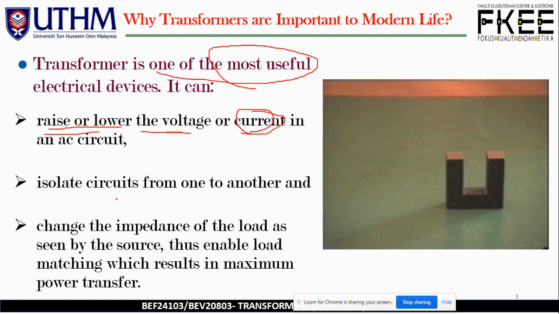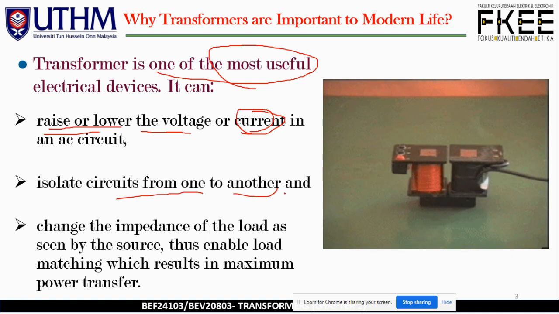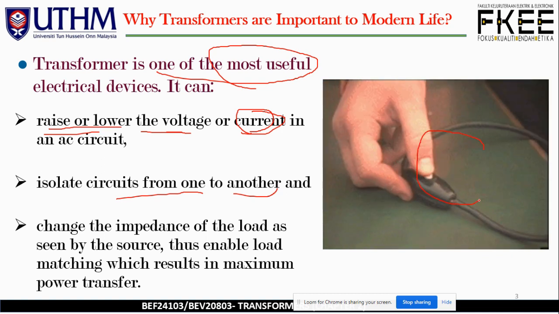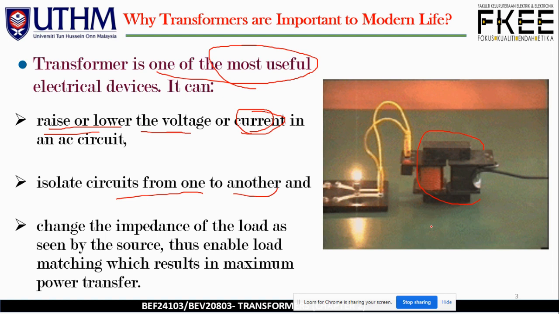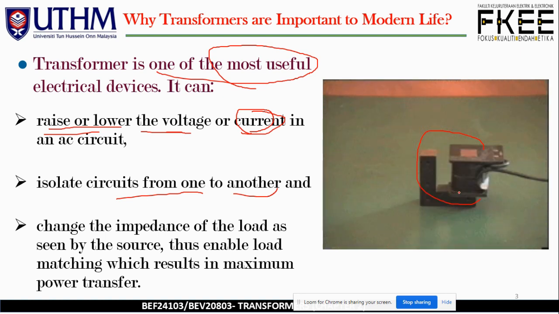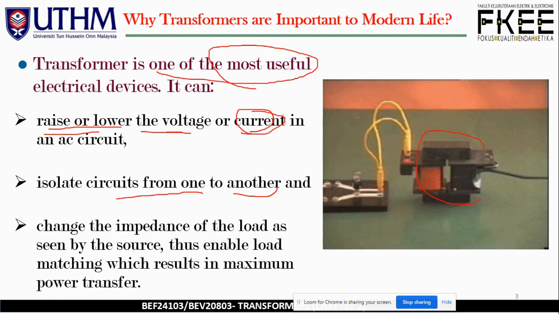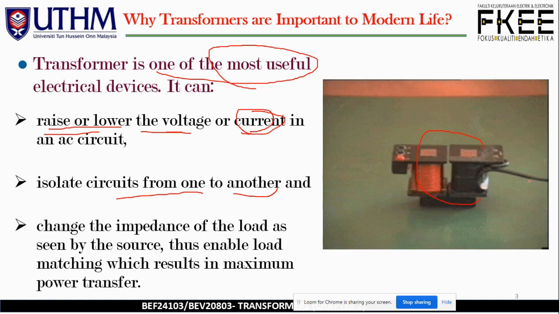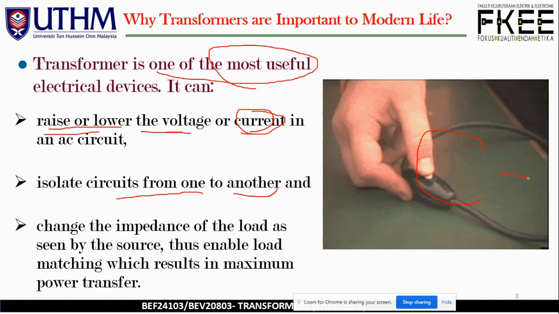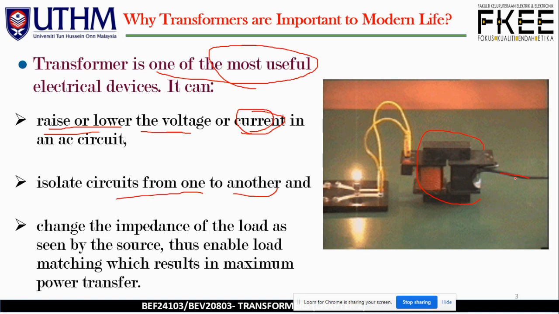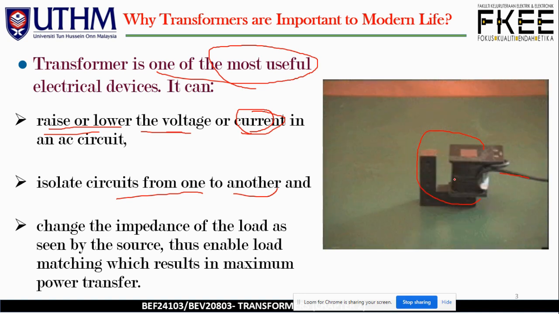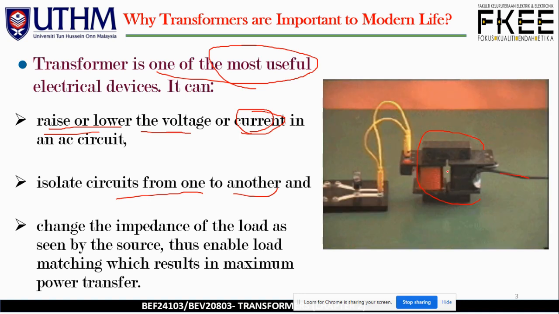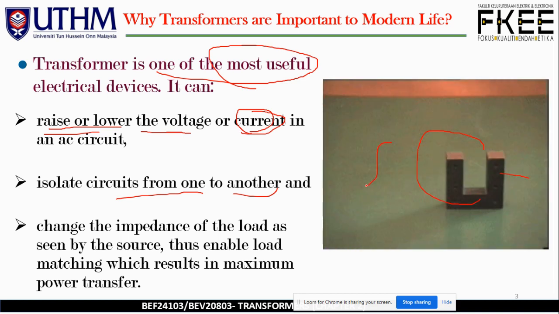and then isolate circuits from one to another, because we can see from its construction over here. Here you can see that the part is divided into two legs of core, for example, and being wound before we inject a certain amount of current, and the voltage is induced according to the number of turns, and finally generate or energize the bulb.